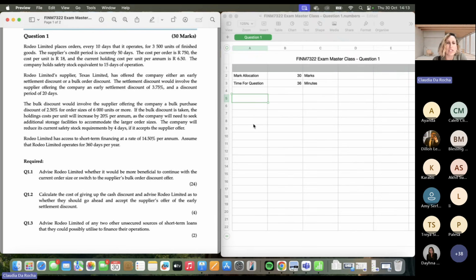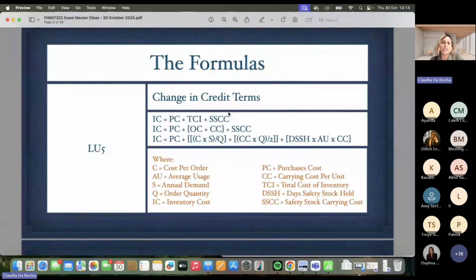The bulk discount will involve the supplier offering the company a bulk purchase discount of 2.50% for order size of 6,000 units or more. If the bulk discount is taken, the holding cost per unit will increase by 20% per annum, as the company will need to seek additional storage facilities to accommodate the larger order sizes. And the company will reduce its current safety stock requirements by 4 days if it accepts a supplier offer. Okay, so remember, when I did the formulas, I said that you have your safety stock.